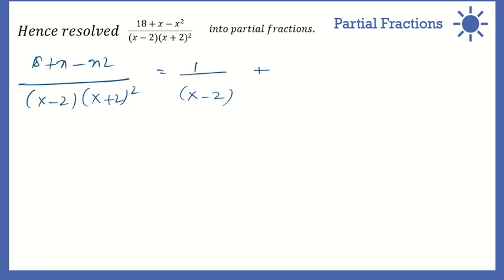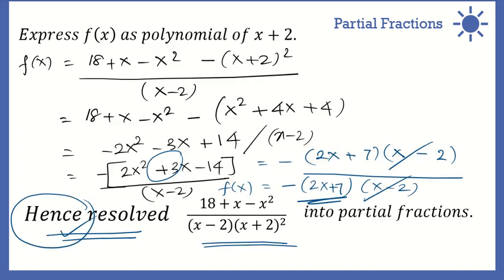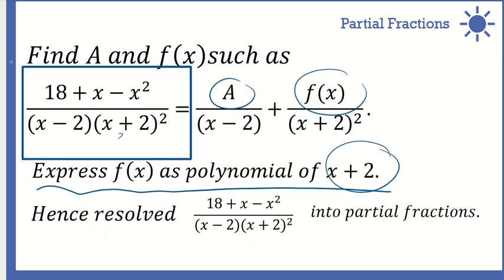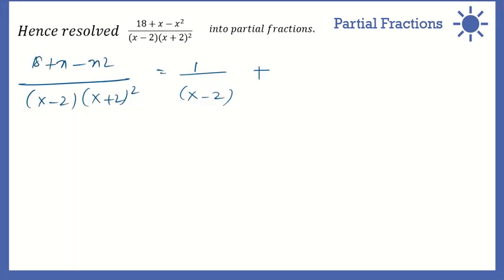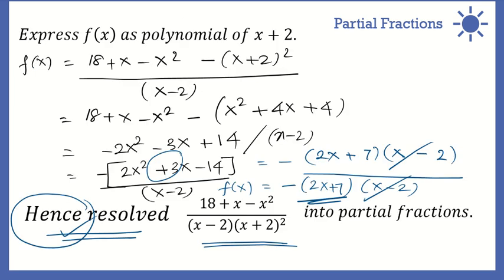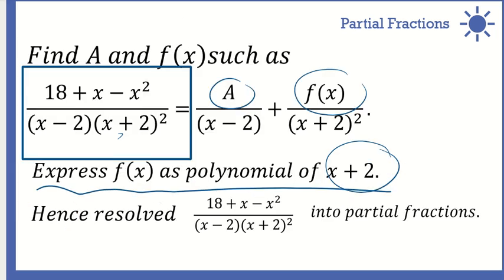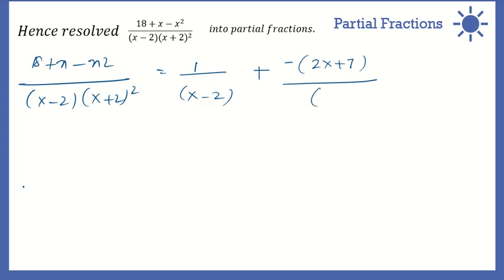We know that f(x) is minus 2x plus 7, so this part is minus 2x plus 7 over x plus 2 squared.